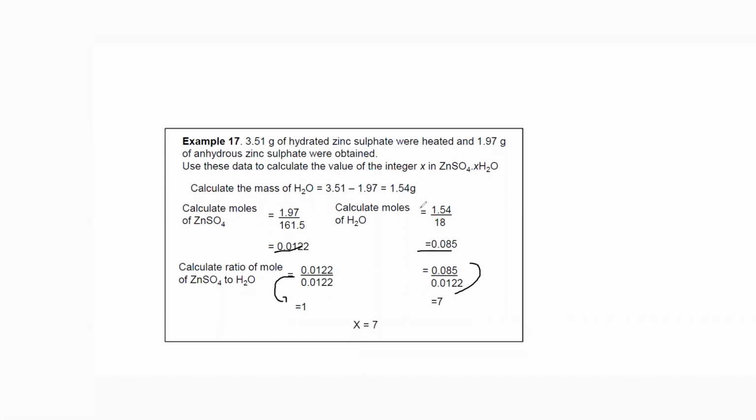So the simplest ratio is 1:7. If we have 1 mole of zinc sulfate, there should be 7 moles of water. Is it clear?